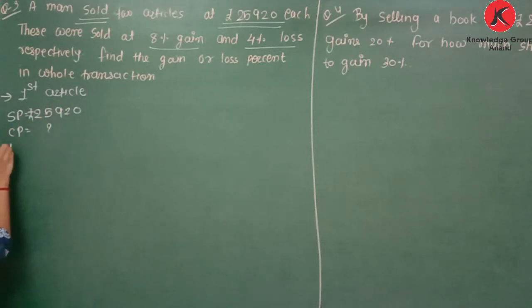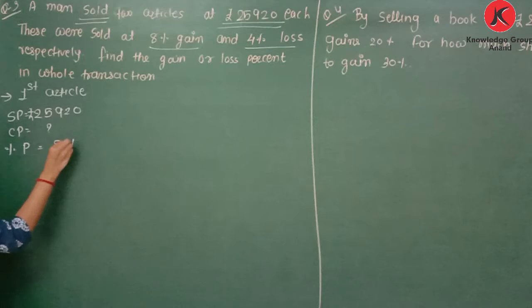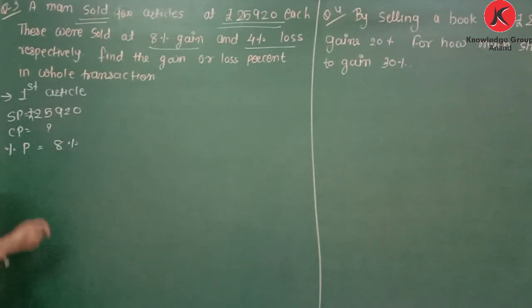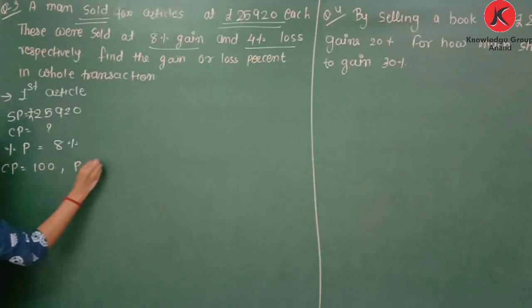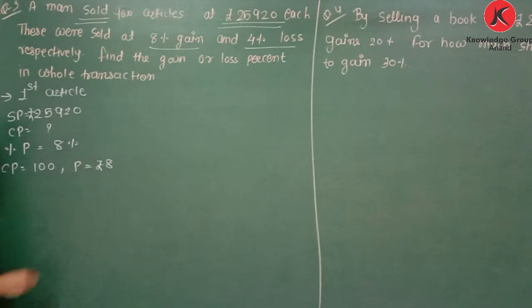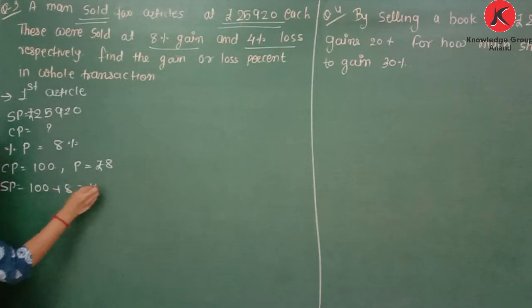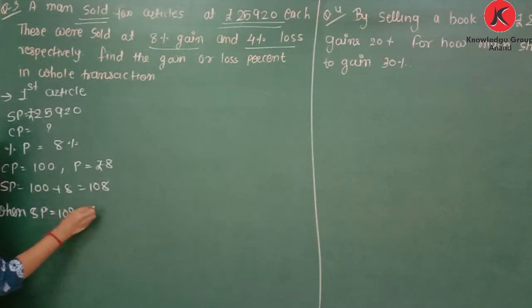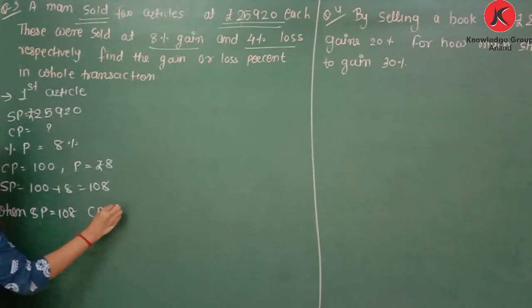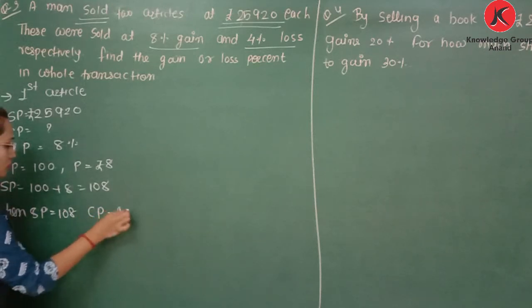Here we have an 8% profit. Now if the cost price is not given, we can use the cross multiplication method. So we start with CP 100, profit is rupees 8. So SP is equal to 100 plus 8, that is 108. Now when SP is 108, CP is 100 rupees.